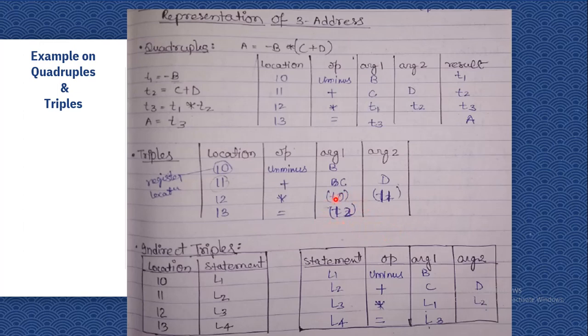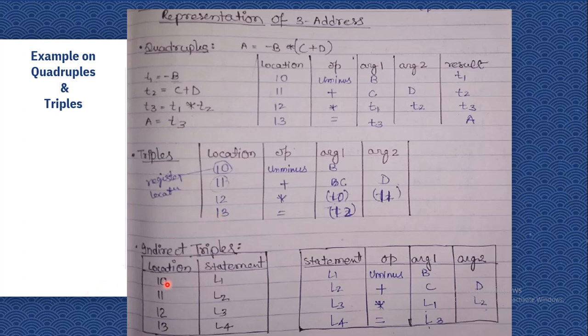So we can use only 12 as an argument, and the sign is used as equal. If you are using it, it is okay. If you are not using it, it is also okay. The argument 1 is 12, while we are storing the resultant into the memory location of 13.